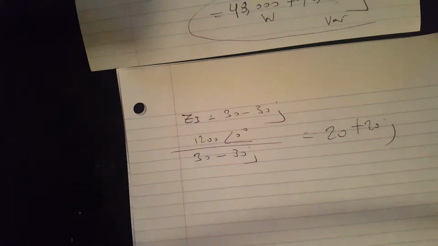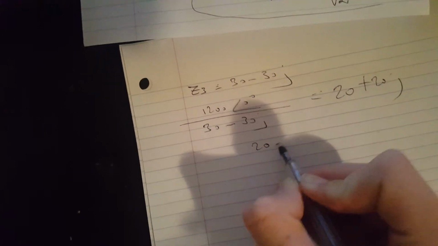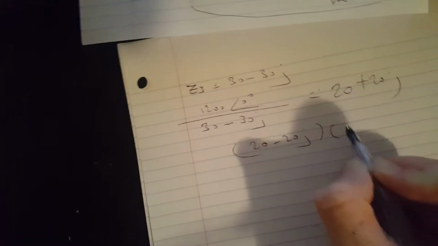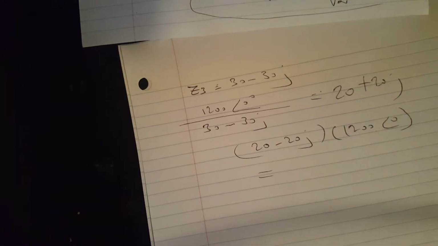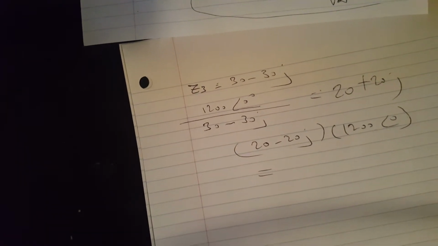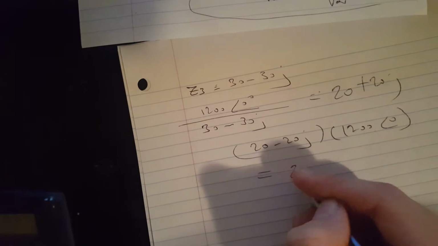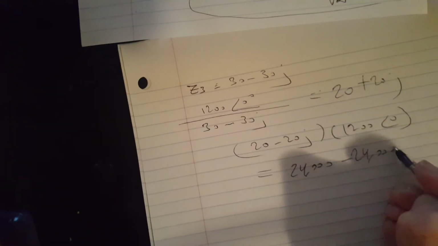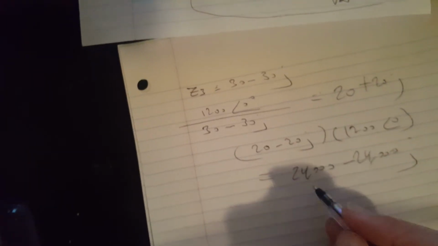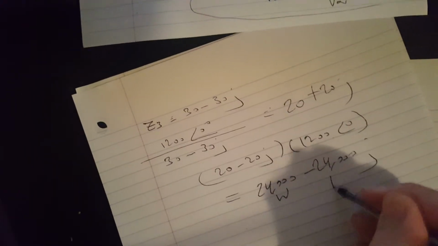Now you say, okay, conjugate of 20 plus 20j means 20 minus 20j. And then we multiply by 1200 with angle of 0, and you're going to get 20 minus 20j times 1200. And if you convert that, it's going to be 24,000 minus 24,000j. This one is in watts, this one is in VAR.